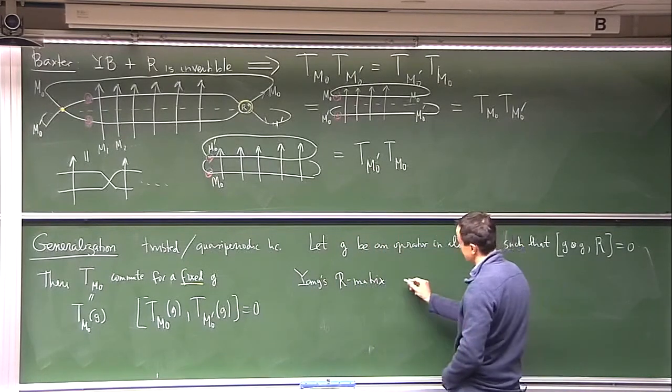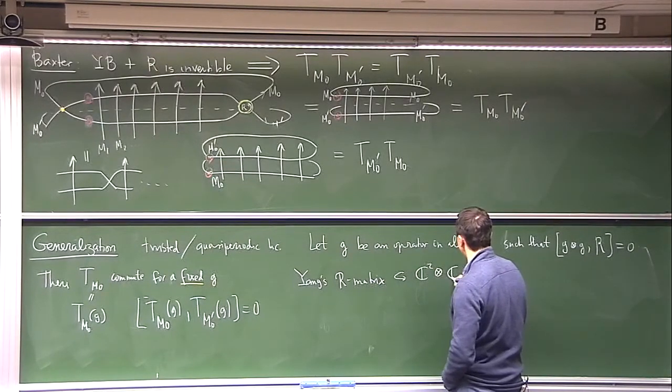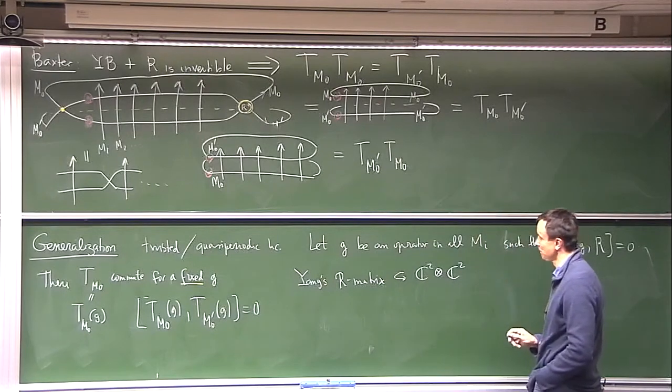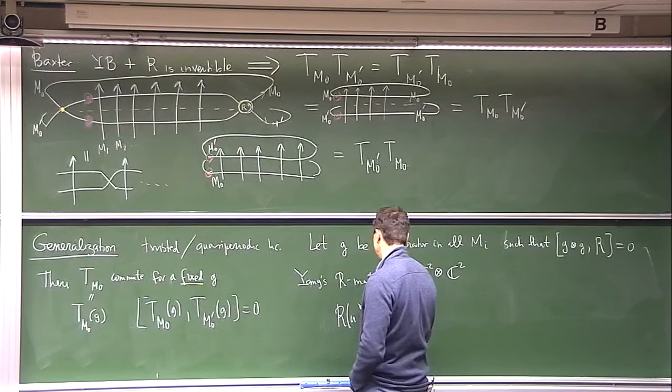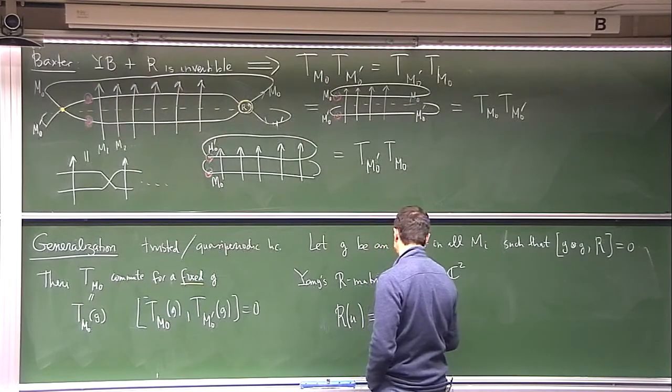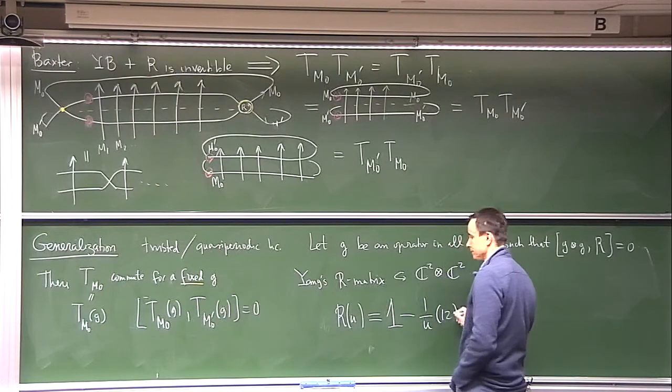This operates in the tensor product of CR tensor CR, and the R of U is 1 minus 1 over U times the permutation.